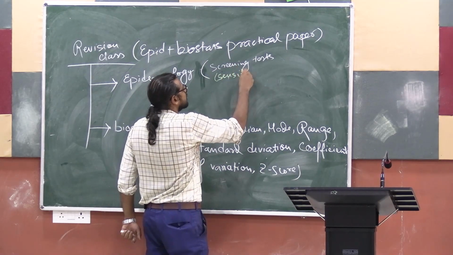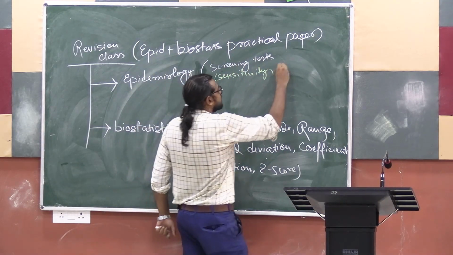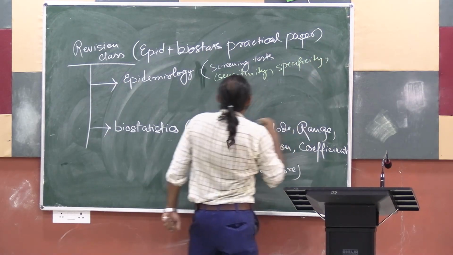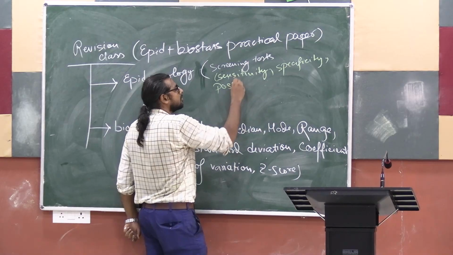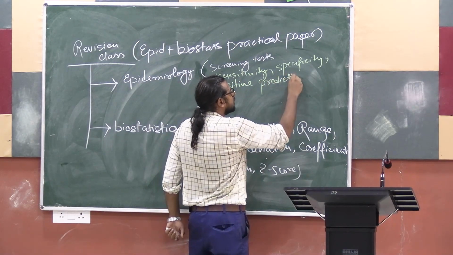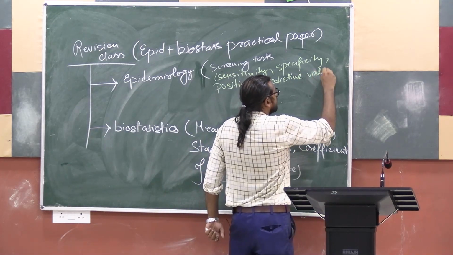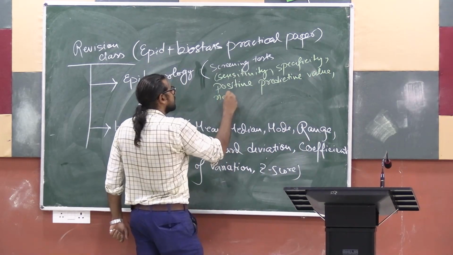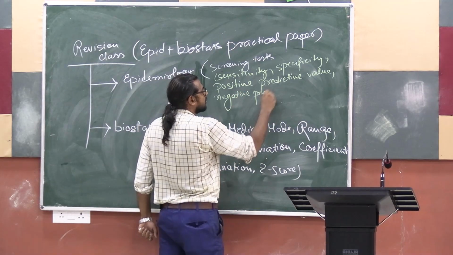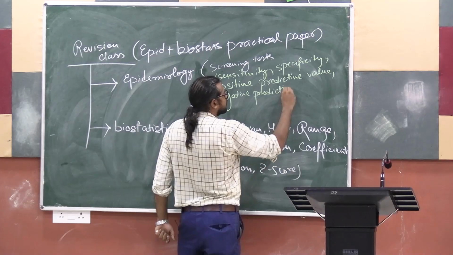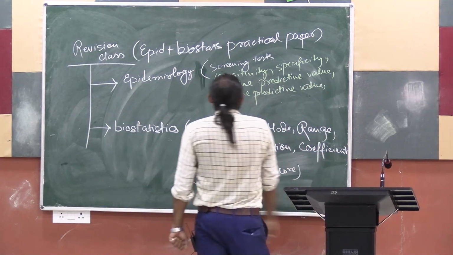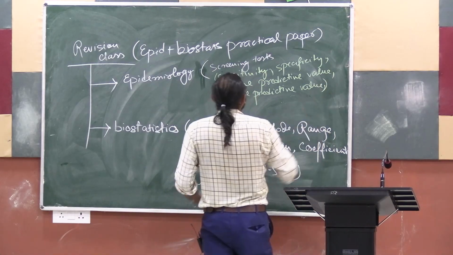Sensitivity, specificity, positive predictive value, negative predictive value, and what else we have?